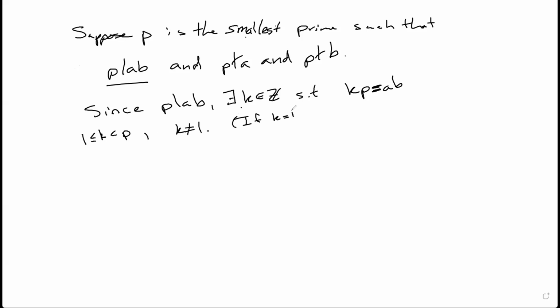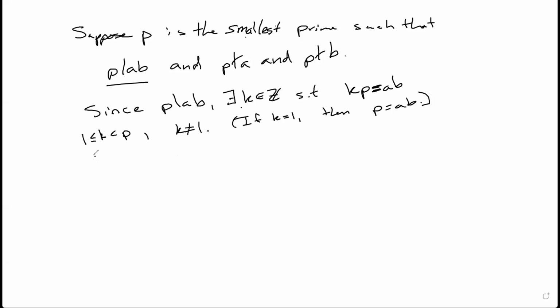If K equals 1, then P equals AB, but that's a slight problem because that means that A and B, which are integers, both go into P. So either one of them is P or one of them is 1, but that's not possible by what we have. So we have a major problem. So we have this whole idea that we're trying to break. So if it was equal to 1, we can throw that out.